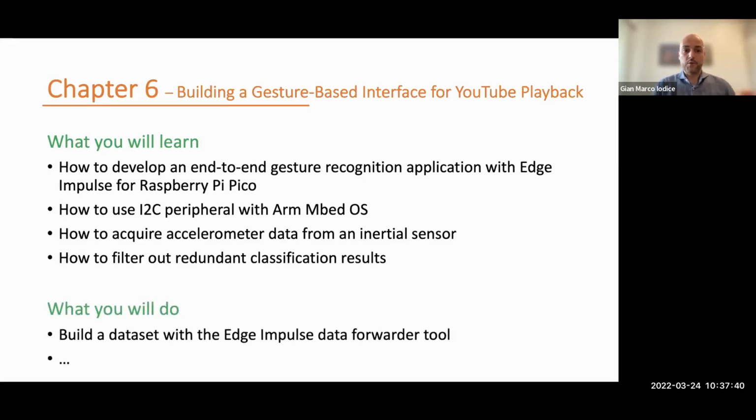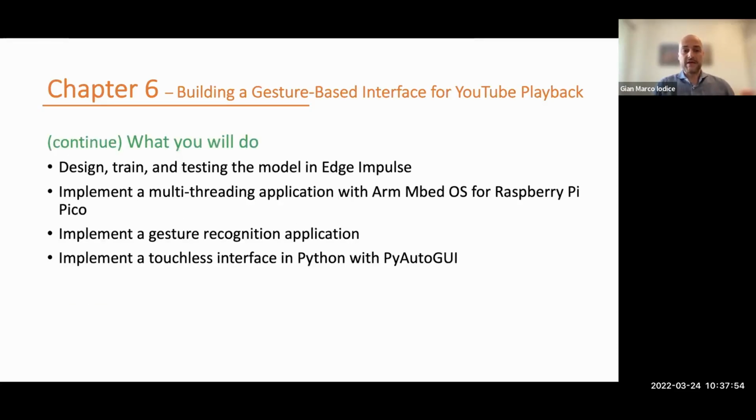What you will do: we'll build a dataset with Edge Impulse with the data forwarder. So we will use a Raspberry Pi Pico to transmit the data over serial, and we use Edge Impulse to collect the data and build the dataset. We will design, train and test the model in Edge Impulse directly in the web browser.